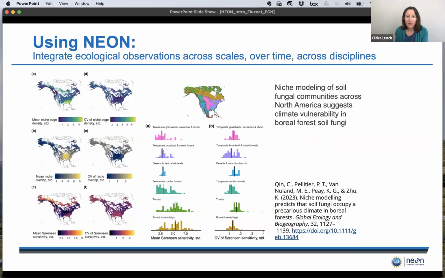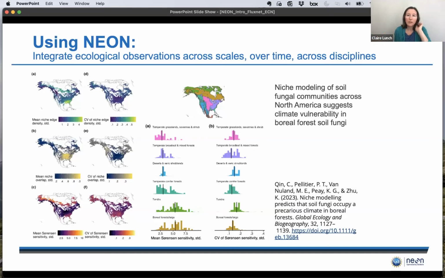Okay, this paper is looking at soil fungal communities, using the soil microbial sequencing from NEON data. What's exciting to me about this paper is it really takes advantage of the enormous climate space that NEON occupies. NEON sites are across the United States, and obviously the United States covers an enormous range of temperature and precipitation and all of those sorts of things.